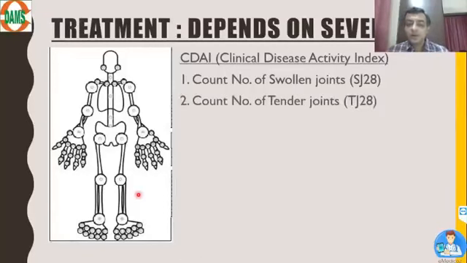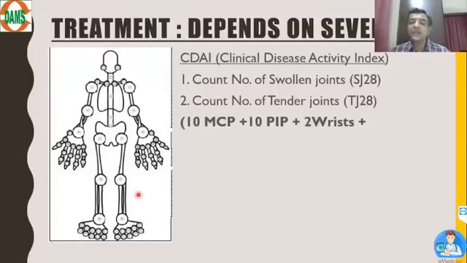Number 2, count the number of tender joints. Two things you have to do. For each joint which is swollen, you will give 1 point. For each joint which is tender, you will give 1 point. So you have to count basically 28 joints.